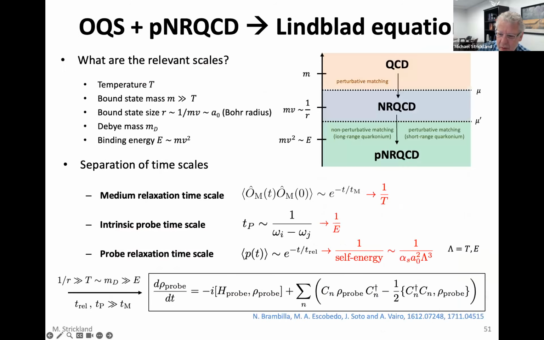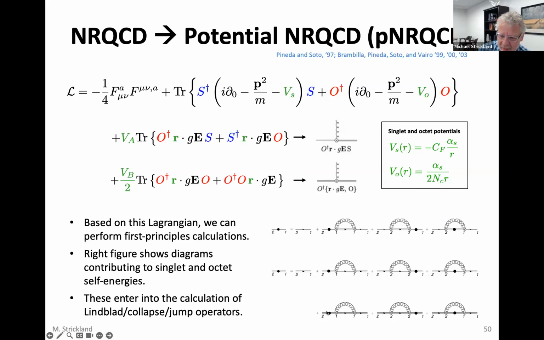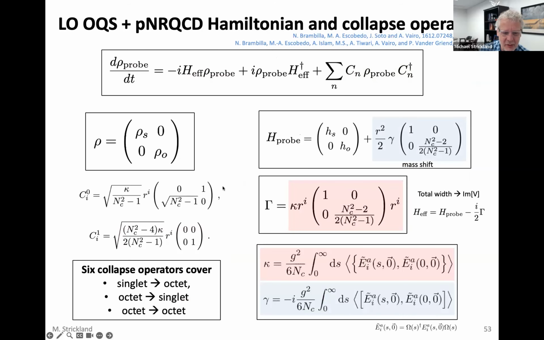So you go through, you calculate these self energies, you take the imaginary parts of them, and then those give you these operators. If you decompose the density matrix that's hiding here into a singlet and octet piece, then you can write these jump operators as 2x2 matrices.